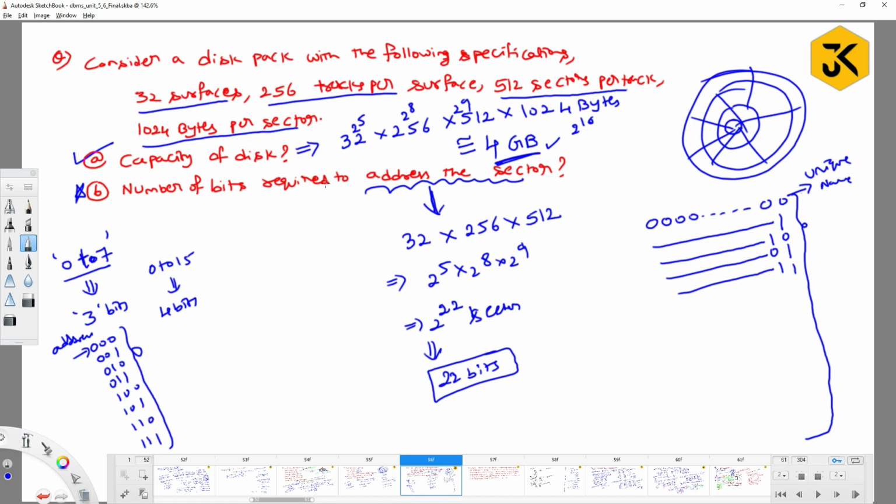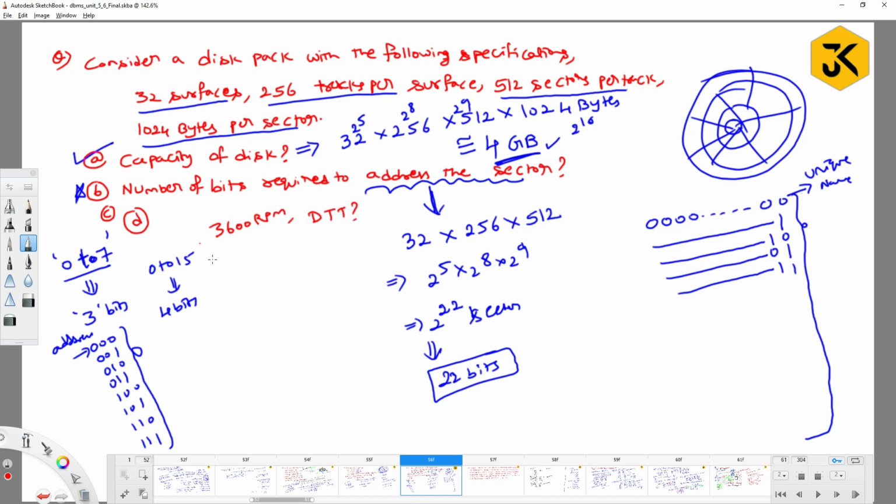Now I think the remaining two questions you can solve. Question C and question D, which we discussed earlier. They have mentioned something like 3600 RPM, and you need to find the disk transfer rate.